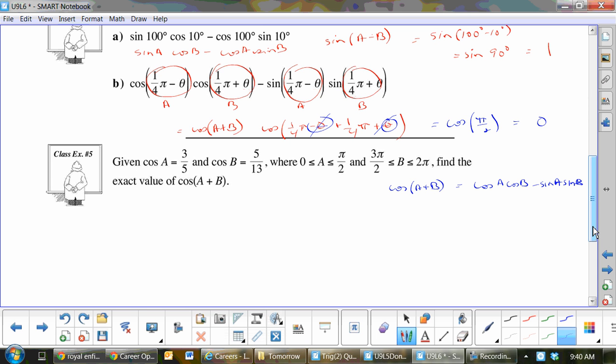I can't find cos A plus B because I do not know what sine A equals or what sine B equals. Because I don't know what A or B is.